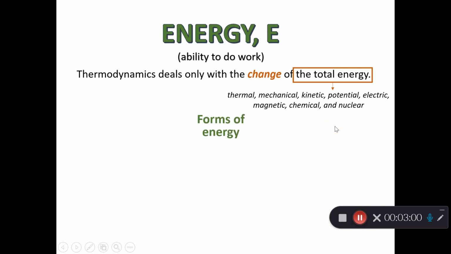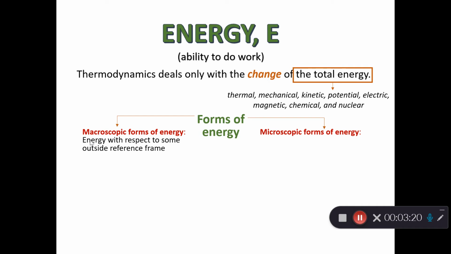Now, energy can generally be divided into two forms. Okay, so the two forms are macroscopic forms of energy and microscopic forms of energy. So by the definition of micro and macro, I think it's easy for you to remember the definition. Okay, macroscopic is when you are referring to some outside reference frame.